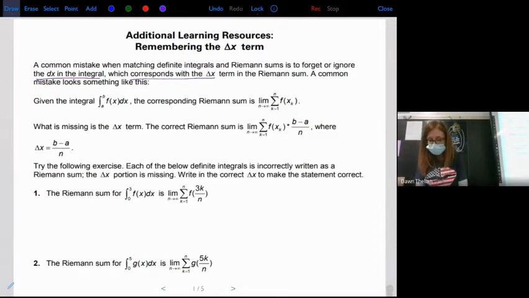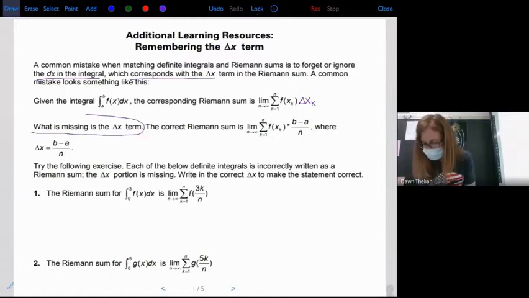So given the integral from a to b of f of x with respect to x, the corresponding Riemann sum is the limit as n goes to infinity. And what happens here is that they're missing the delta x sub k term at the end. It says what is missing is the delta x term, so let's add it to that summation.